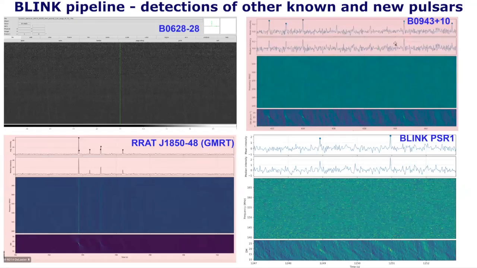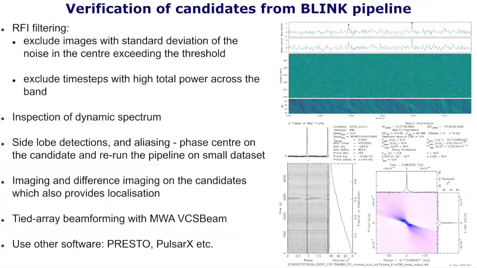We detected single pulses from several known pulsars, rediscovered one RRAT, and discovered a new pulsar, which maybe was not followed up by another group, but was detected earlier. We would like to address that once we have candidates, we confirm them, and we also have some RFI criteria, especially rejection by total power and exclusion of bad images with high noise.